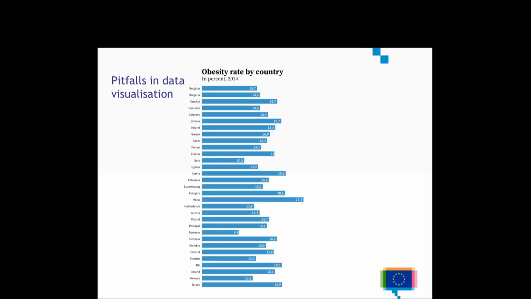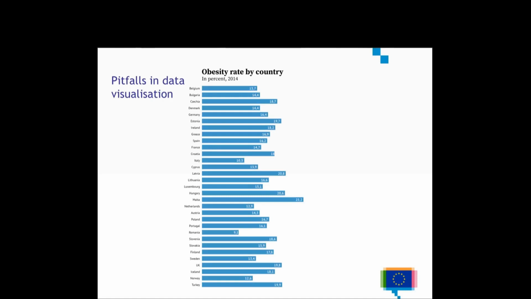And as a reader, it's not very hard to extract meaningful information out of this chart. You might identify the country with the highest value there, maybe also the country with the lowest value, but in between things get really hard to compare.